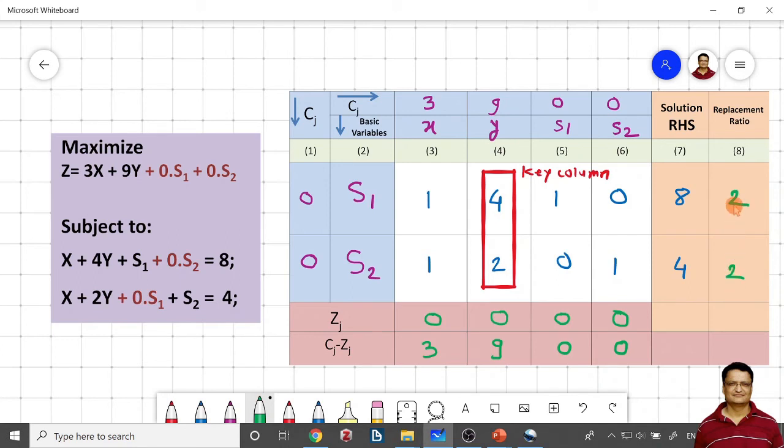Usually we select the minimum positive value of the replacement ratio to find the departing variable. But here there is a tie between these two values, and that is why this problem is degenerate. To resolve this degeneracy, we have to find a new replacement ratio so that we can select the departing variable.